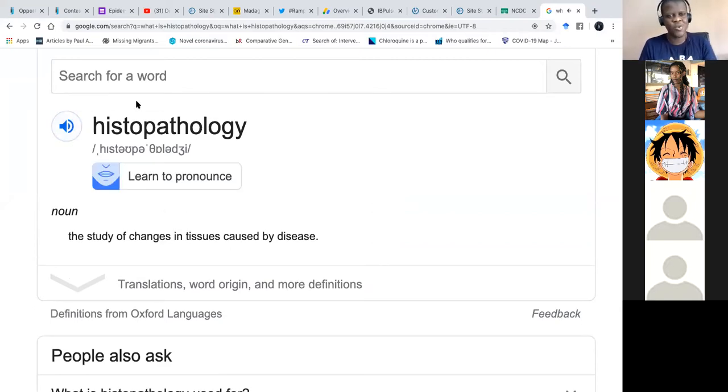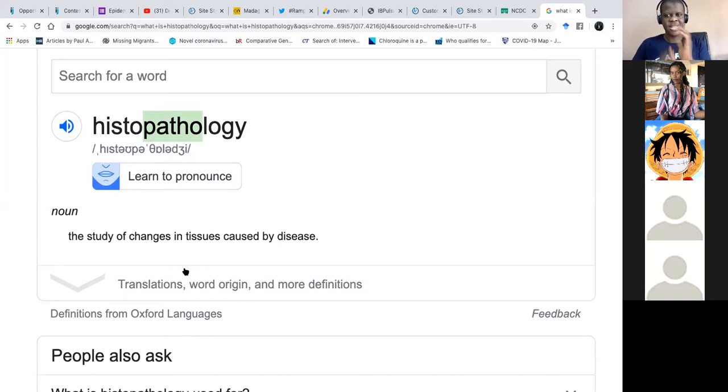This word can be deconstructed into three components: histo, patho, and logy. Logy talks about study, histo talks about tissues, and patho talks about diseases. So the basic explanation of histopathology is the study of changes in tissues that are caused by disease.